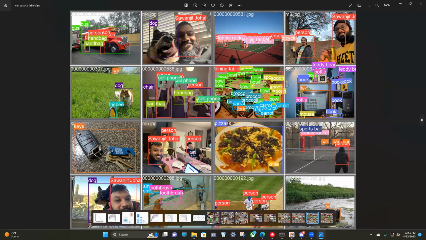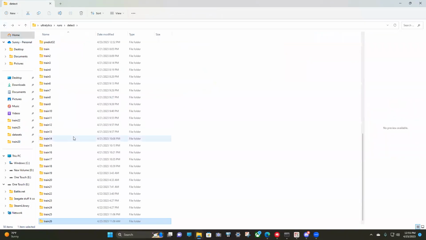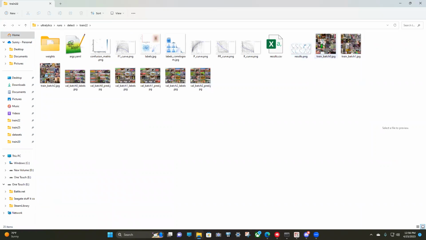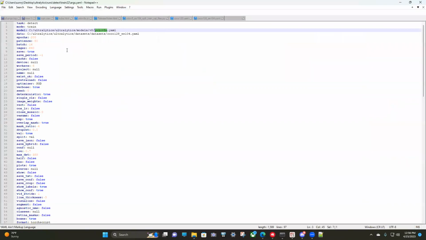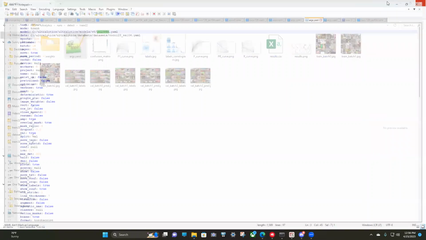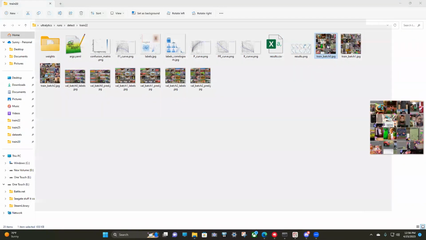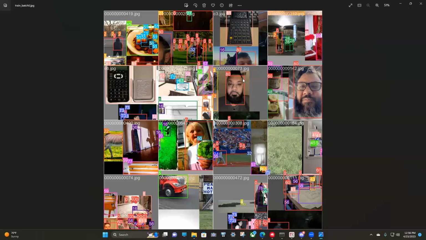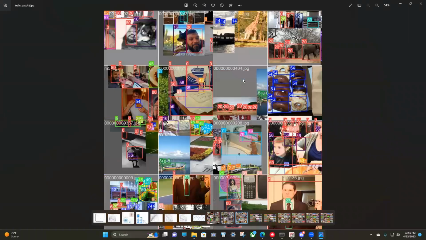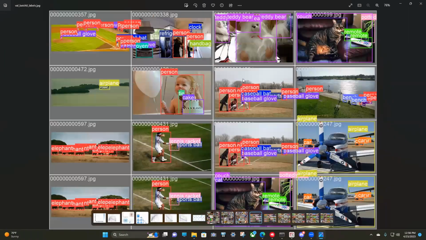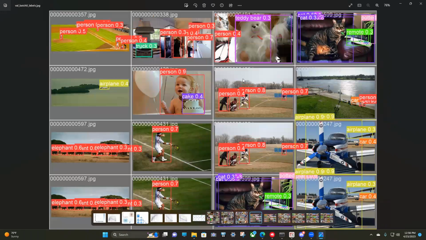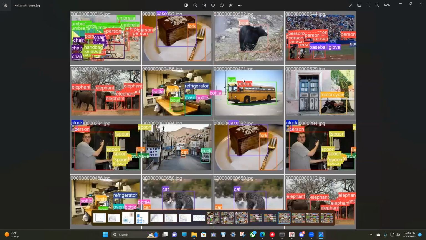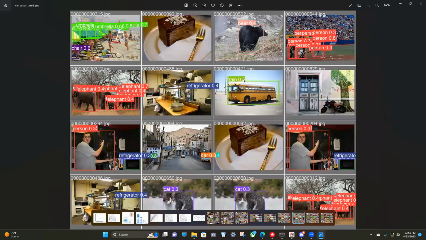When I did a lower run, I think I did one with 200. And this is the one I did with, I think, 200. Yeah, 200. So if you look at this, train batch labels and predictions.